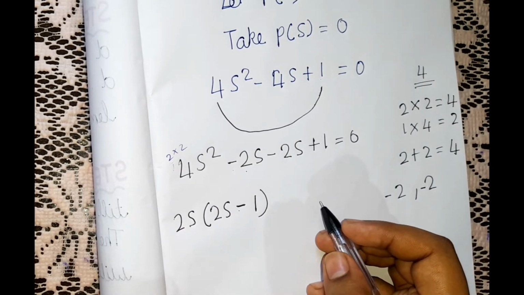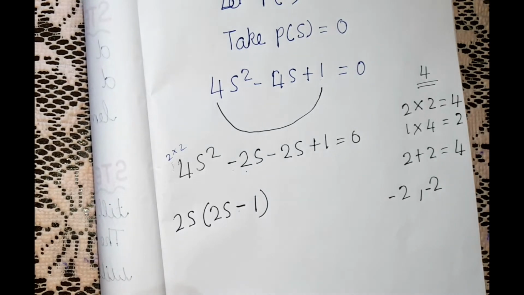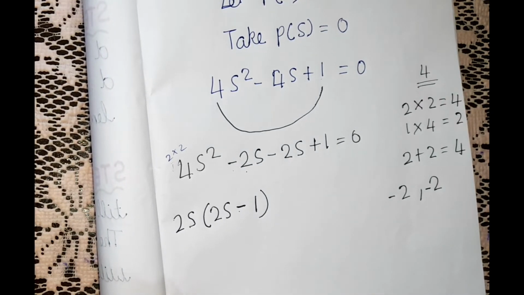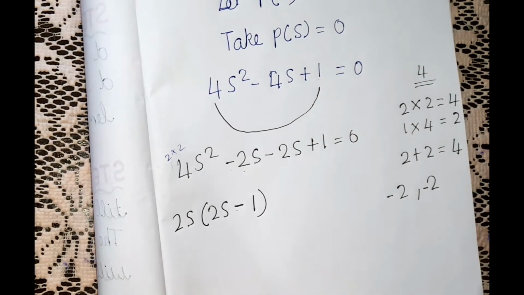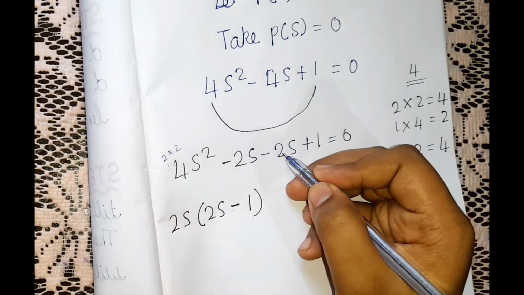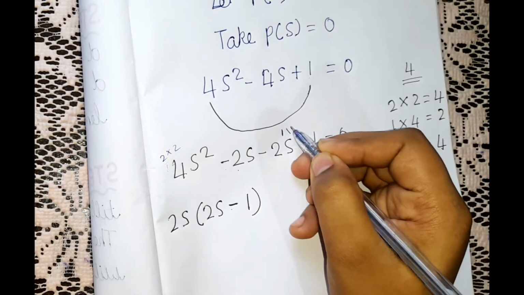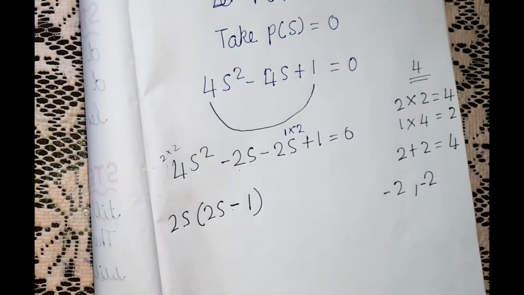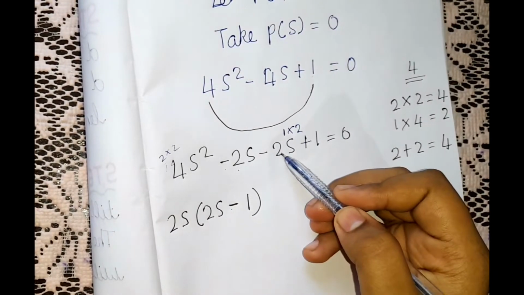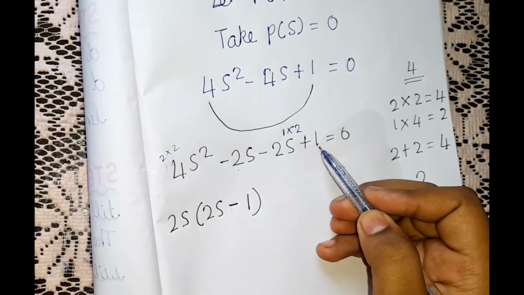So now we are going to take the common value right over here. So here when you check it out, as you guys know, 2 means 1 into 2. 1 2's are 2, am I right? So 1 2's are 2, and here also we have 1.